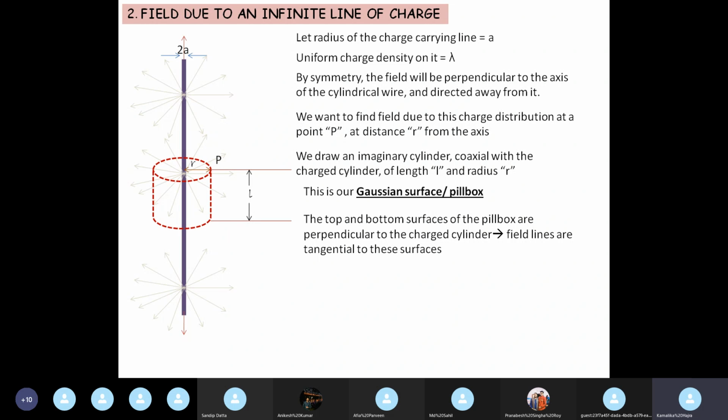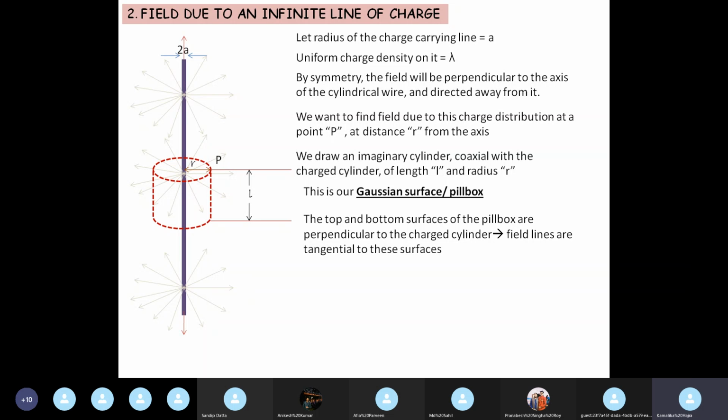If the lines are tangential to the surface, it means that when you take the flux, E dot A, the area vector is normal and these lines are tangential, so the angle is 90 degrees, and in the dot product we have cosine theta, so cosine 90 is 0.